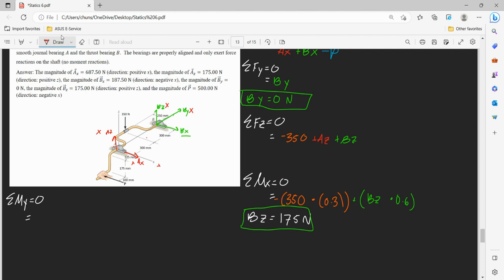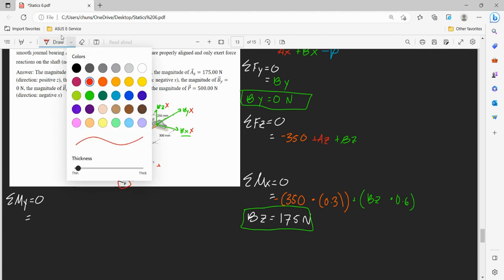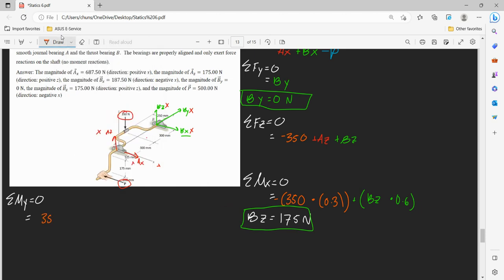That goes through our y-axis. So that leaves our external force and our P. So we can solve for P right here. So this means 350 newtons is in the z direction.